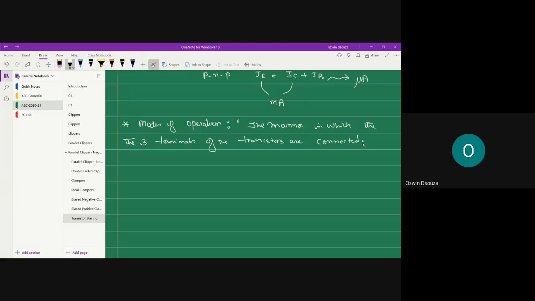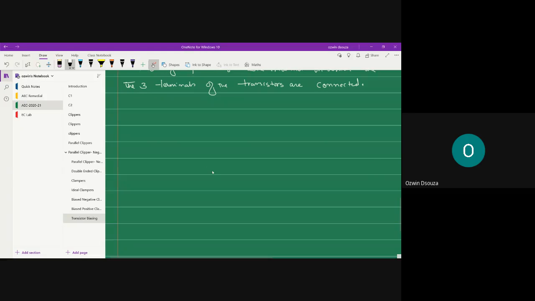If you observe carefully the device structure, the transistor device consists of three terminals.